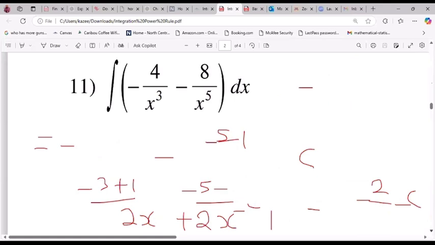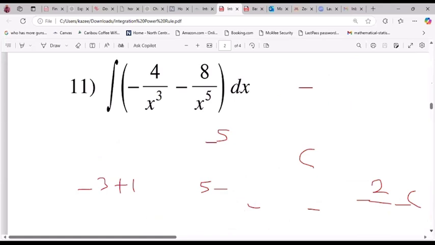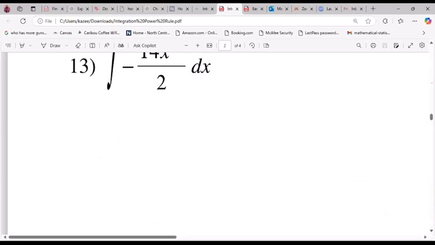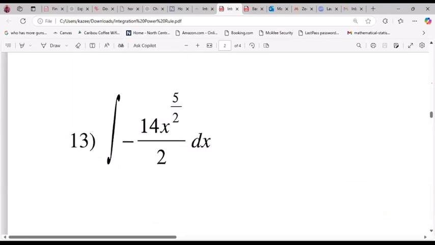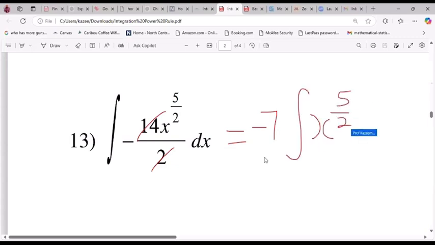Okay, since you already know how to go about all of that, I'm actually gonna go to the next question. If you take a look at question 13, where you have x to the power 5 over 2, you're also gonna go the same way. But before you do that, you can simplify and put that outside so that you're left with that dx.